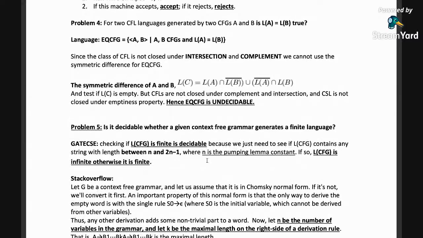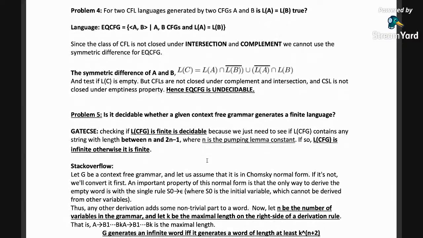Since the class of context-free languages is not closed under intersection and complement, we cannot use the symmetric difference for EQCFG.